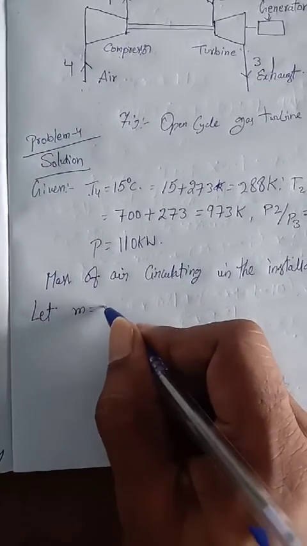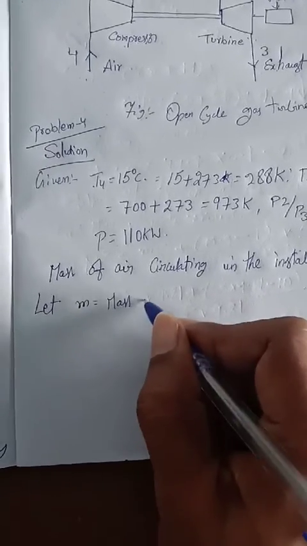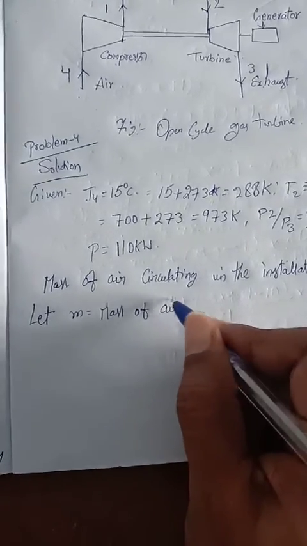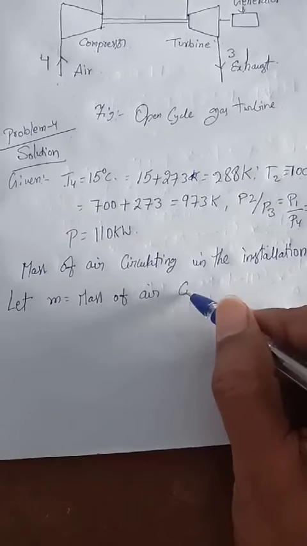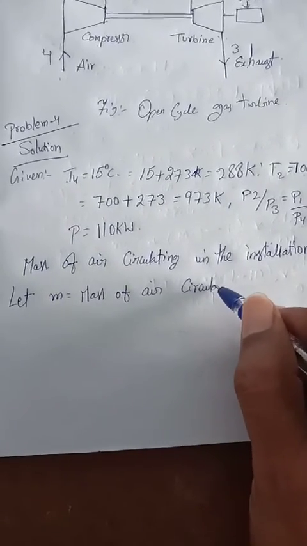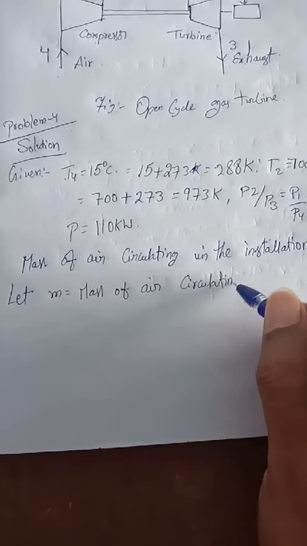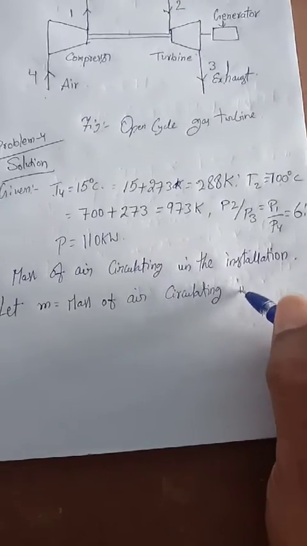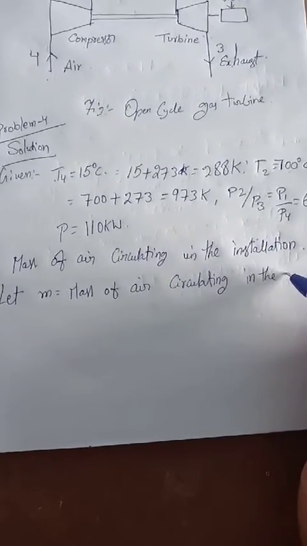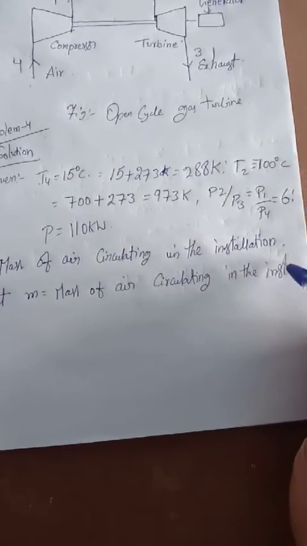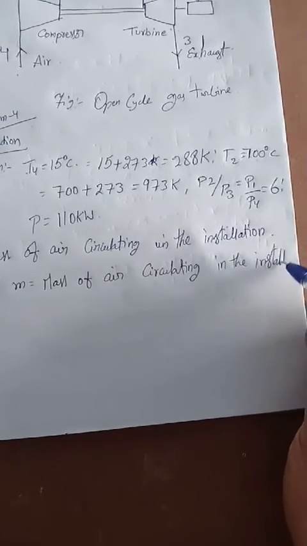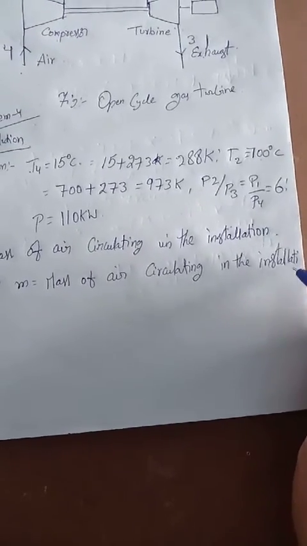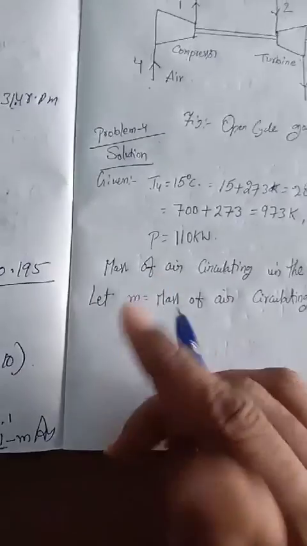Let m be the mass of air circulating in the installation.